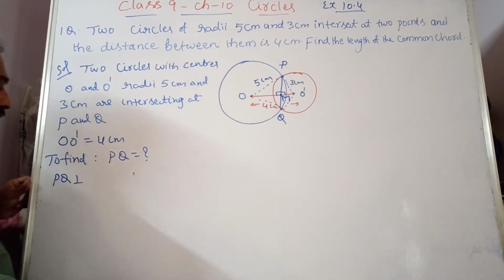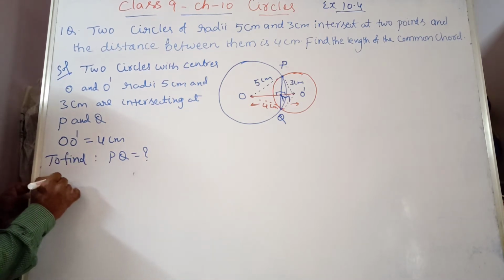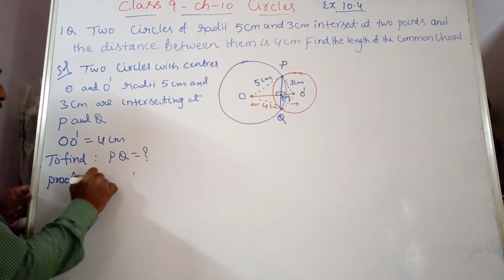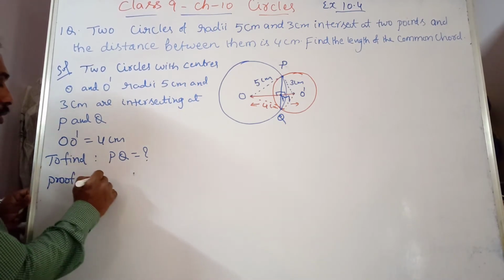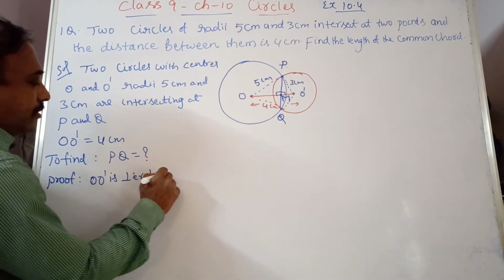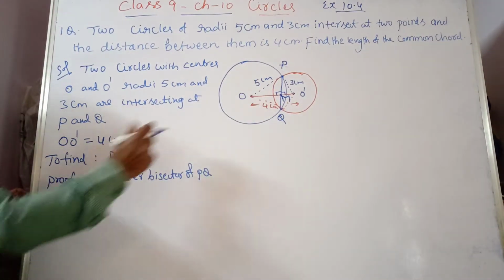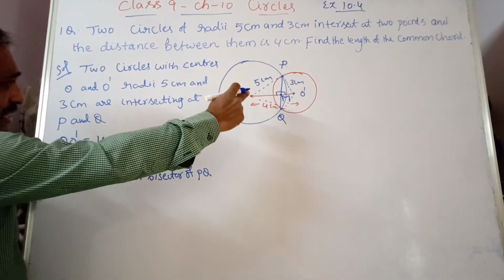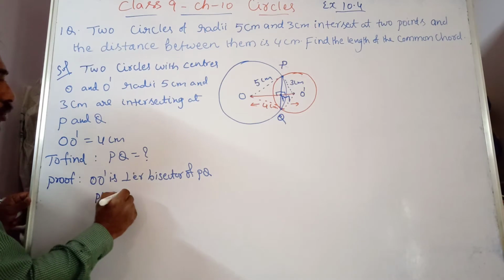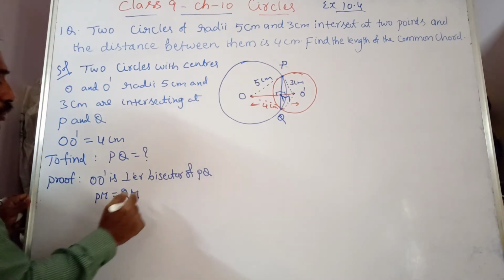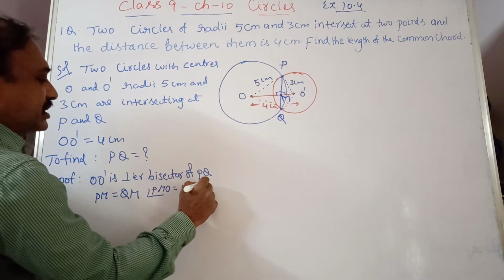OO dash is the perpendicular bisector of PQ, meeting at the point M. Now you can say PM is equal to QM, and angle PMO is equal to angle PMO dash, which is 90 degrees.